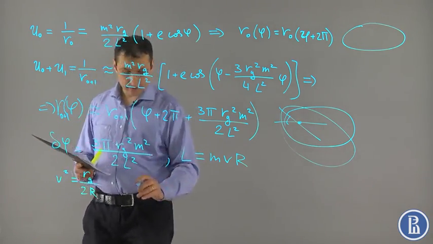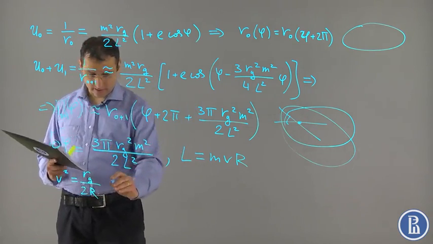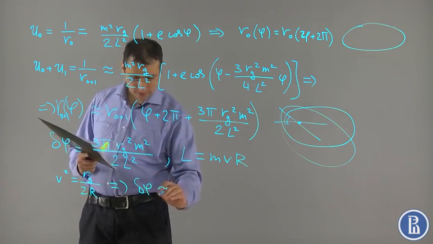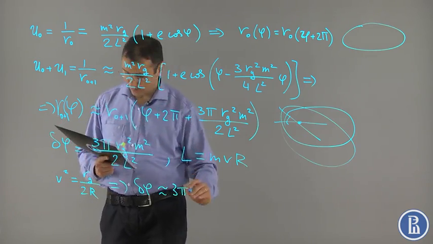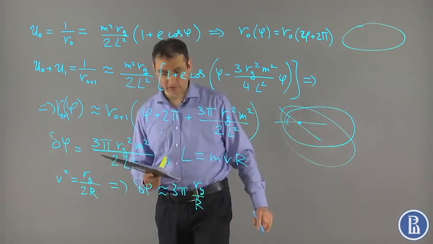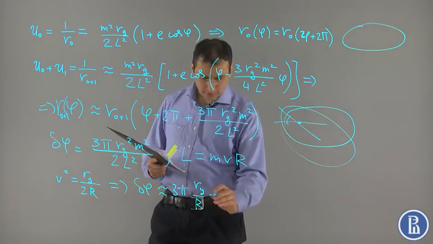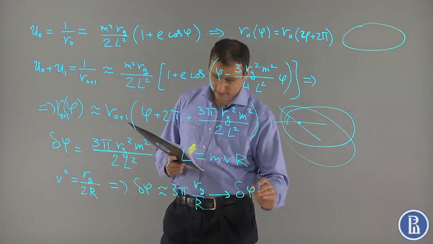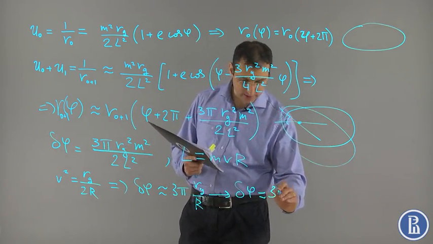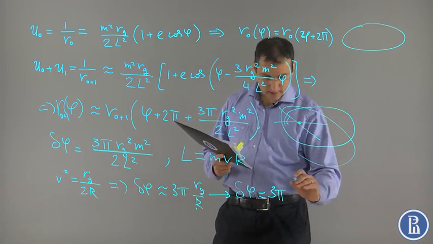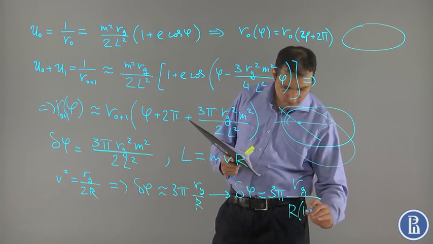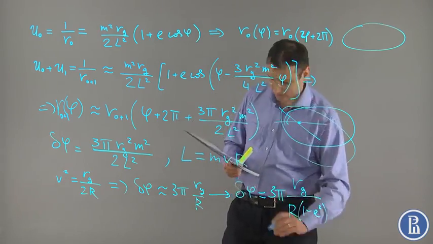So then, for this case, from here, we find that delta phi is approximately 3 pi Rg over r. So this is for the circular orbit, while for the elliptic orbit, in a similar manner, one can find that delta phi is approximately equal to 3 pi Rg divided by r times (1 minus e squared).